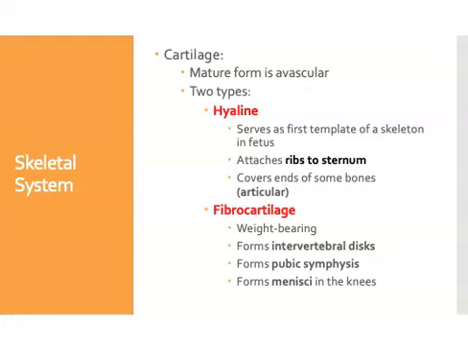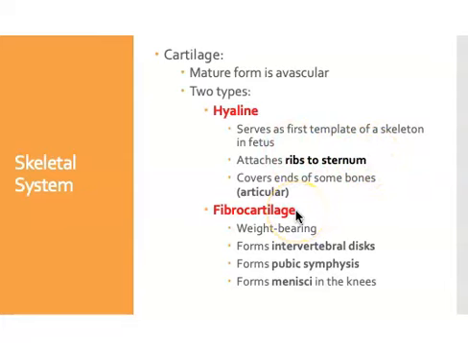In adults, you will still find hyaline cartilage because it makes up the articular surface in joints, the places where bones connect to each other to create joints. Hyaline cartilage is also what connects the ribs to the sternum.